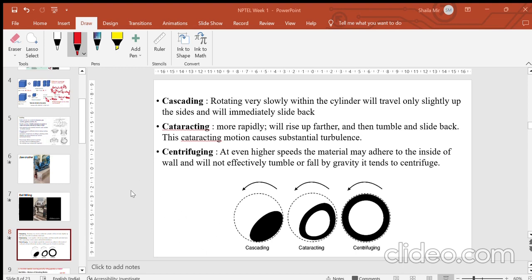So first, to identify the motions of the grinding media, we saw that when it is just swinging along the walls, it is just shearing. There is no impact action and no crushing action. While if it goes to the top and then comes down, it is called cataracting. As it falls at the bottom, it creates an impact zone which is called the toe.